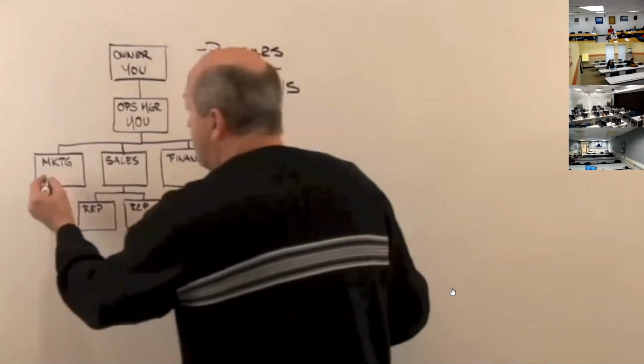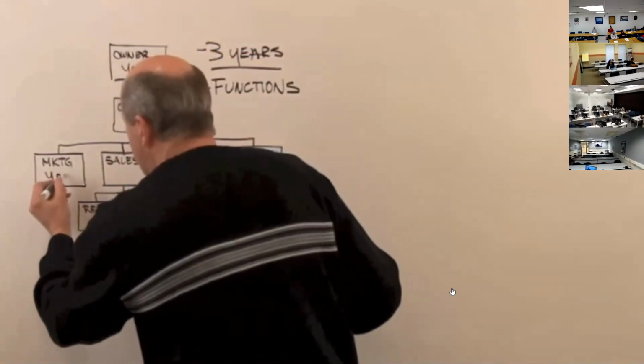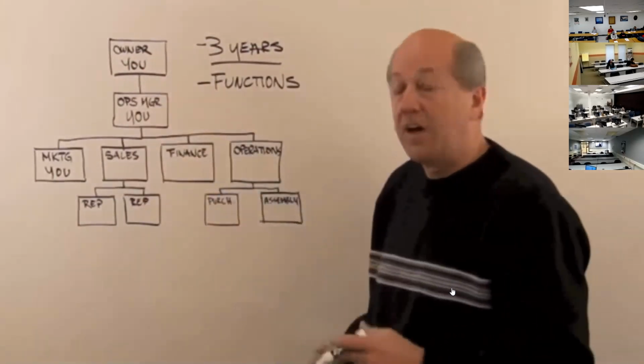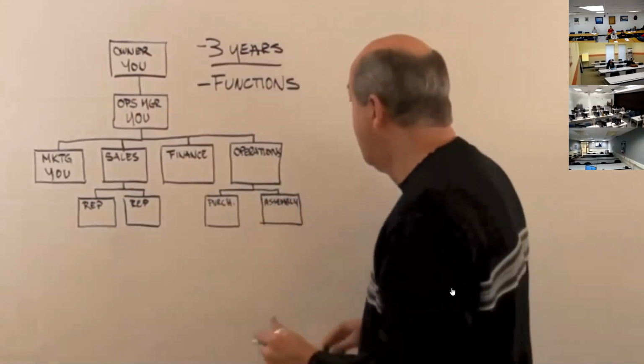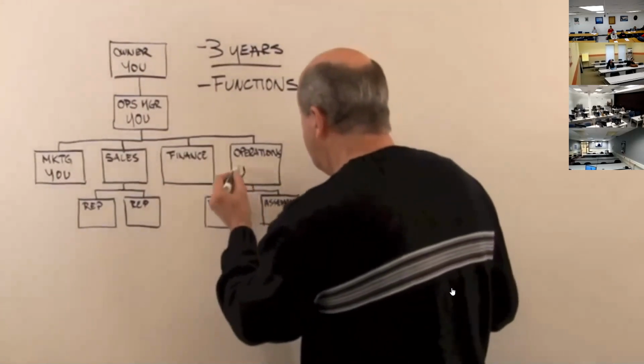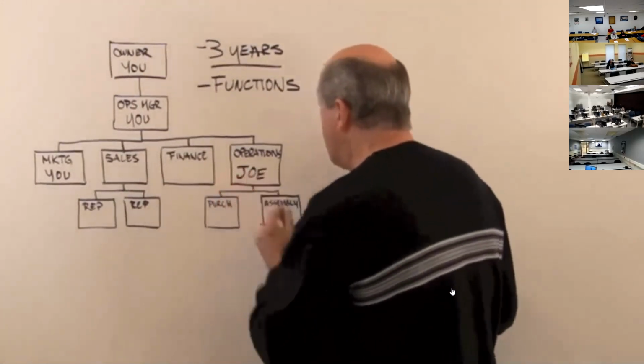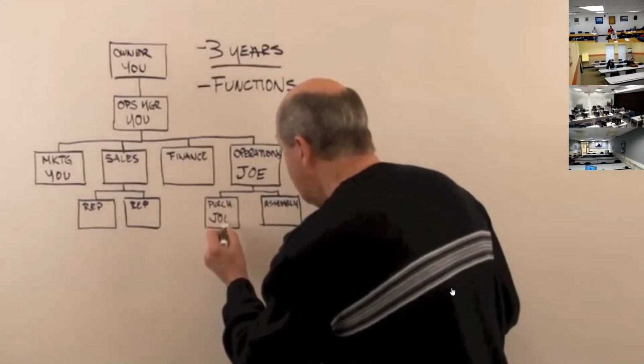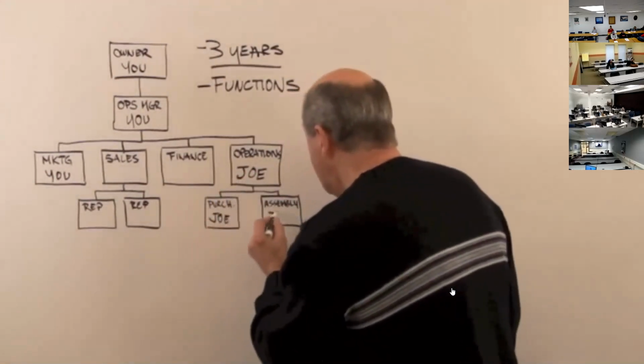You may also be the person that's responsible for your marketing. So you may find yourself in multiple boxes. And let's say that Joe is in the operations box. He may also be responsible for purchasing and the assembly function.